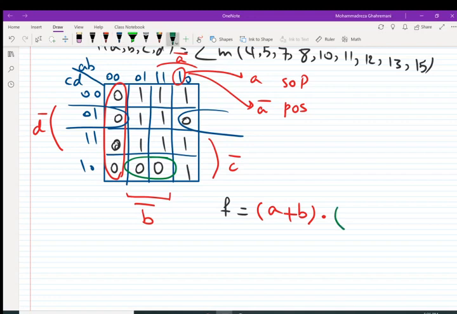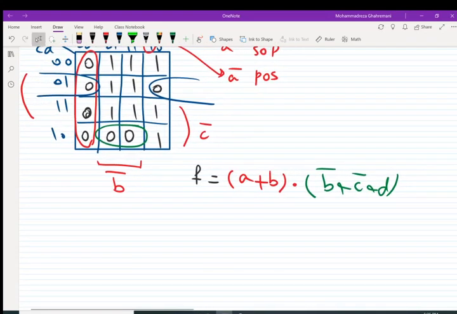If we look at the green group, A is changing, B is constant, which is B bar, plus C is constant, it's C bar, plus D is constant, D. Okay?